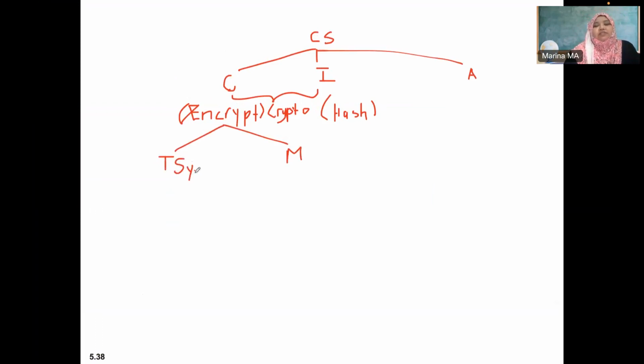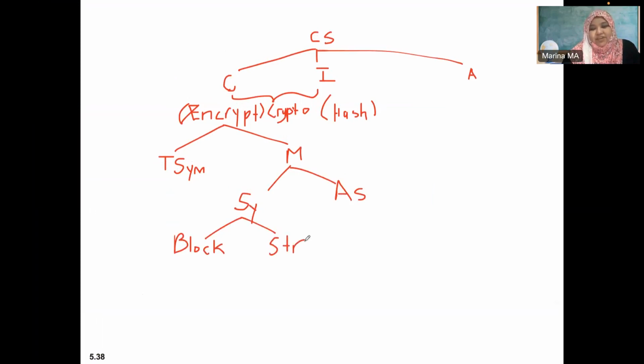In the modern, there are 2: one is symmetric, and the other one, later on you will learn, is asymmetric. In symmetric, we learned that there is block cipher, with the 6 components that make up a block cipher. And then we also learned, briefly, about stream cipher.